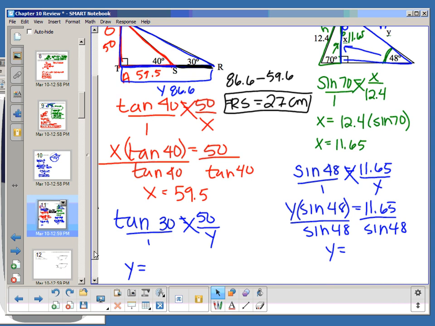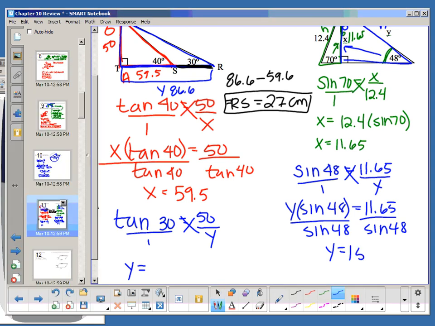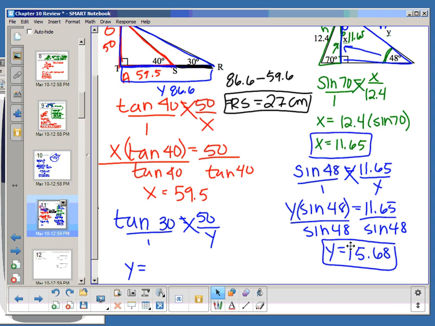Let's see what y gets us. 11.65 divided by sine of 48. 15.68. So notice it's a multi-step because I had to use my original value of x to find y. All right, and I think that wraps up page 3, so we'll move on to the final page.